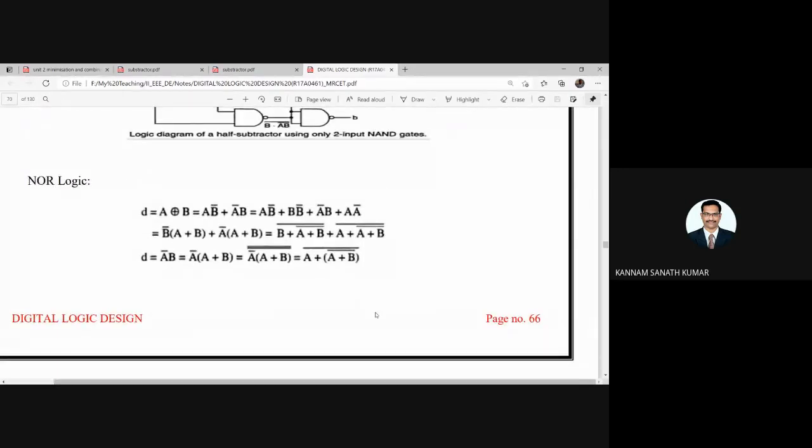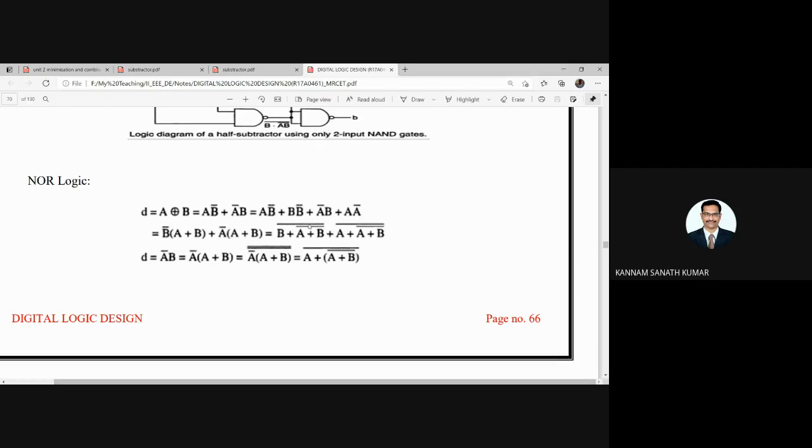And next, by using the NOR gates, difference equal to A XOR B. You can write AB bar plus A bar B. This one you can write as AB bar plus B into B bar plus A bar B plus A into A bar, so here I am adding plus 0 plus 0. 0 I can write as B into B bar, and the other 0 as A into A bar.